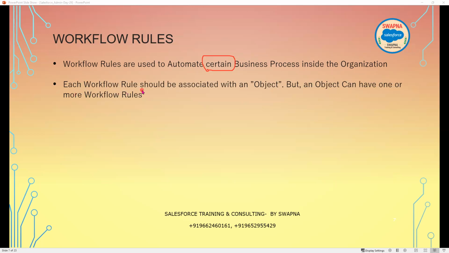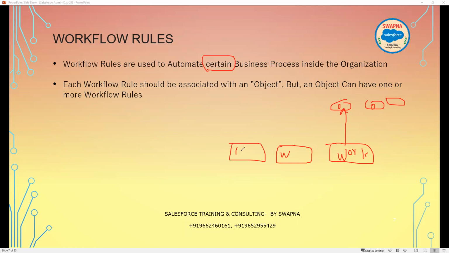Now, each workflow rule should be associated with an object, but an object can have one or more workflows. Here is the object, and here are the workflows: workflow 1, workflow 2, and workflow 3.